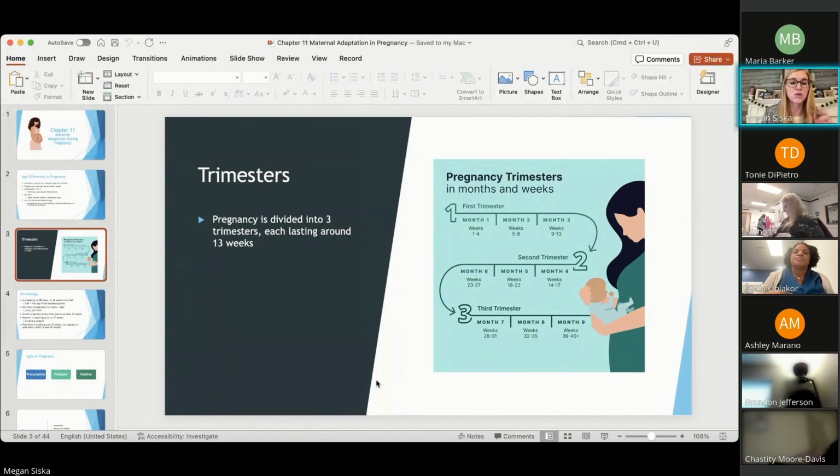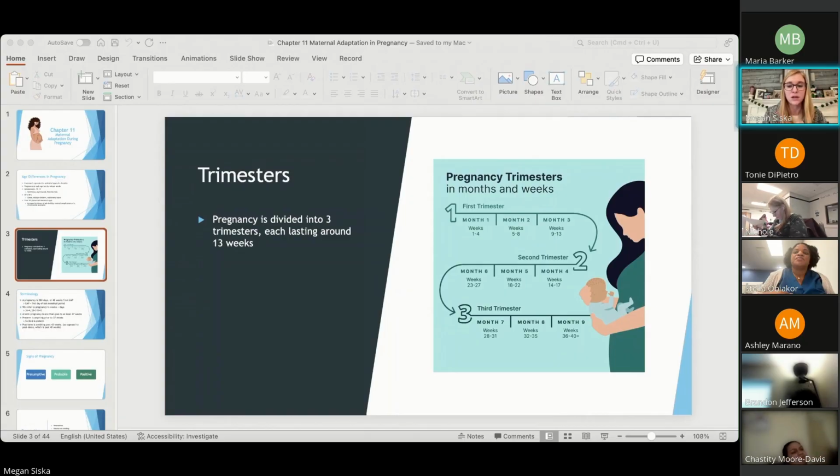So trimesters in pregnancy, normally we break the entire pregnancy into 3 portions. And it kind of depends. I've noticed that there are some different sources, and even your OB office may consider the actual trimesters different. So this is just general.